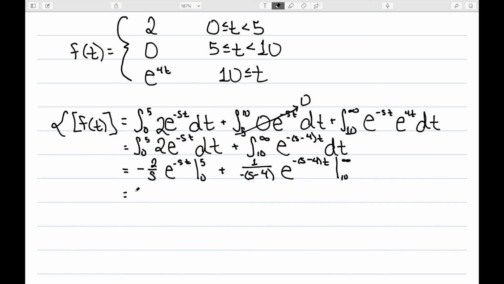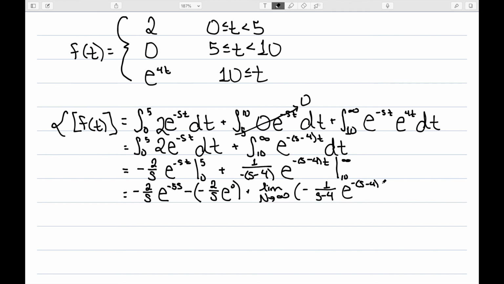Evaluating at 5, this would be negative 2 over s e to the minus 5s, minus evaluating at 0, which would be minus 2 over s e to the 0. My next piece, I'll need the limit as n goes to infinity of negative 1 over s minus 4 e to the minus s minus 4n. And then I can subtract out when I stick in 10.